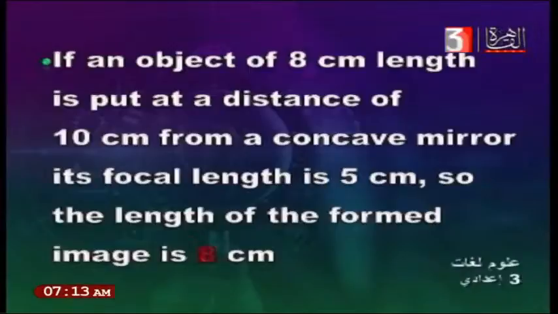The image equals the length of the object when the object stands at a distance equal to double the focal length. The focal length is 5 centimeters and the radius of this mirror equals 10 centimeters.